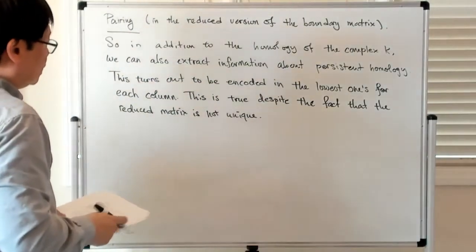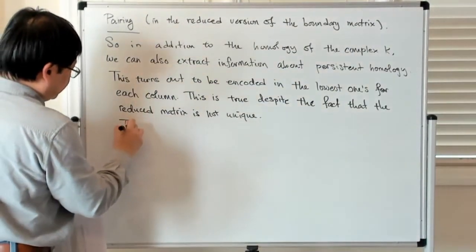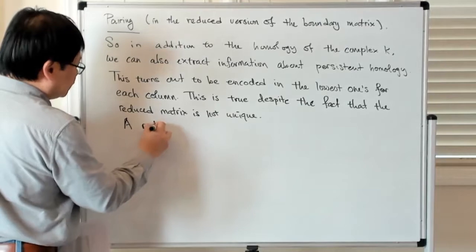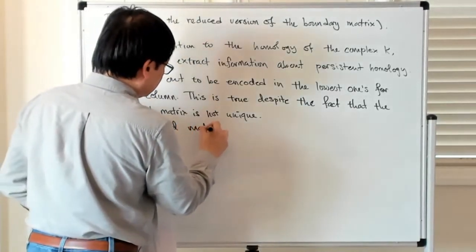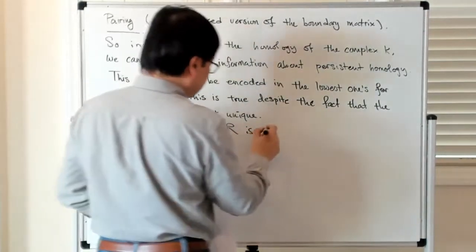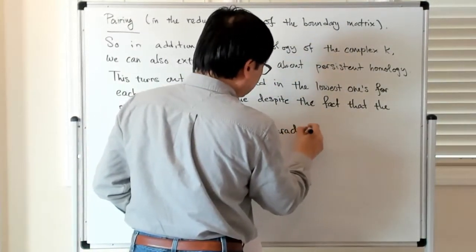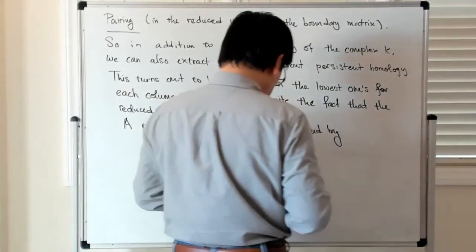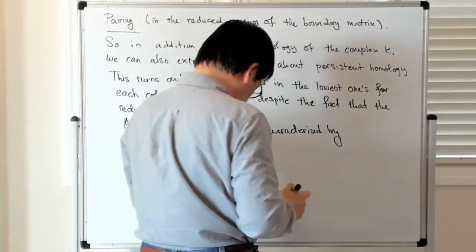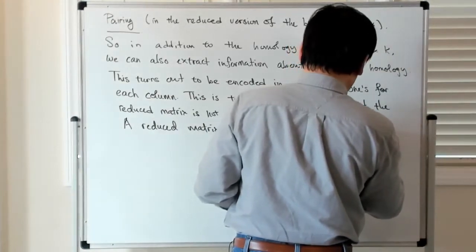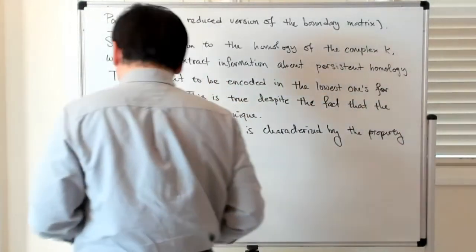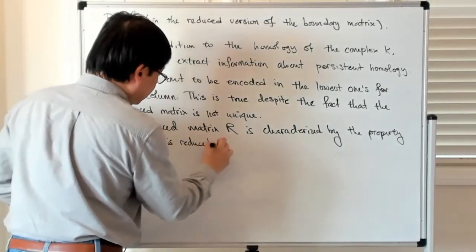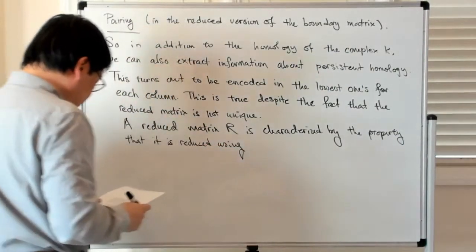Okay, and how do we see that? So the reduced matrix R is characterized by the following: it is reduced using left to right column operations.